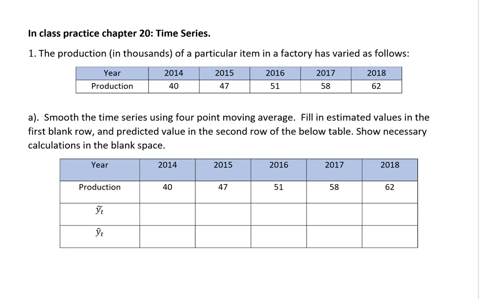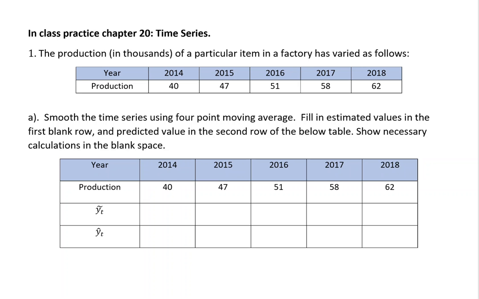The first one is the moving average method. The other one is the exponential smoothing method, right? For these two methods, you need to be very clear about the steps or the procedures to get the estimated value and the prediction value.